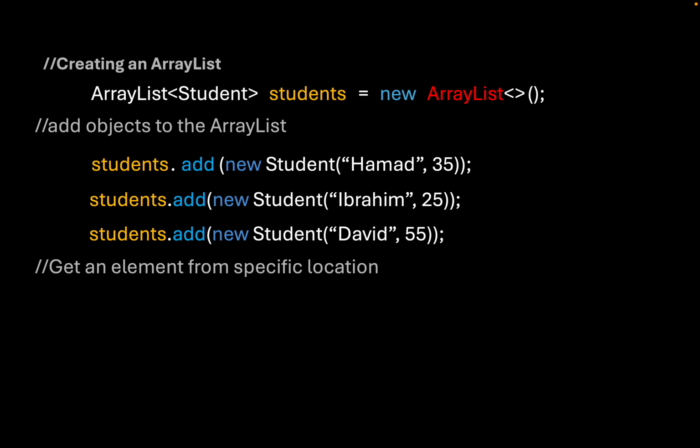So how do we do that? If I want to get the name, when I get it, I need to store it somewhere. So the name is a string, so we'll say String, and we'll put a variable called name. Now here we need to get that element from the ArrayList. Of course we need to go to the ArrayList and find that element. So the ArrayList is students. How can we get the element from students?